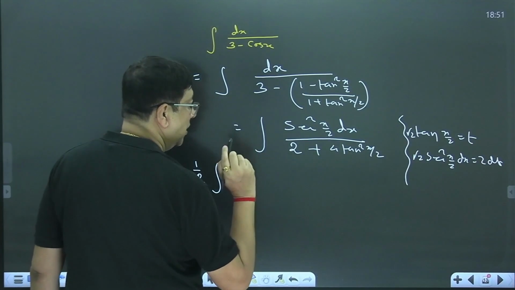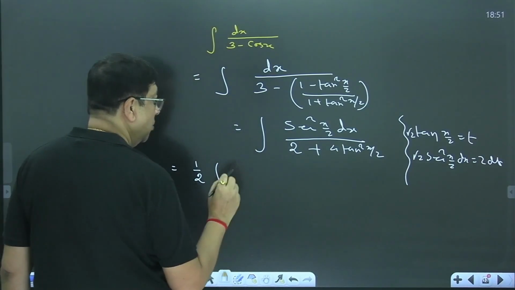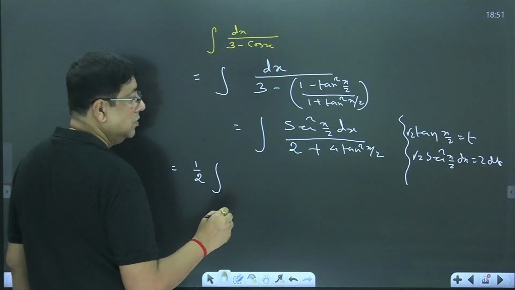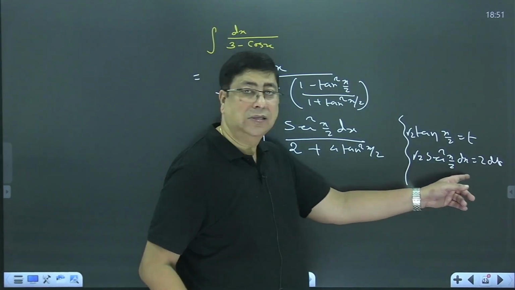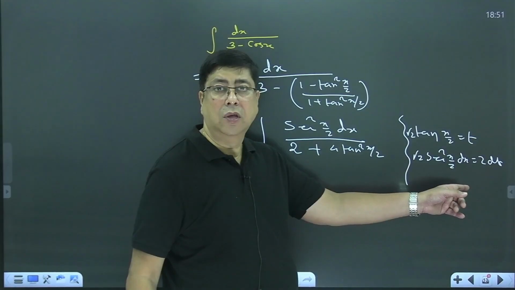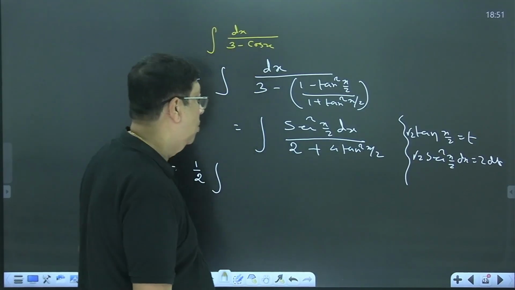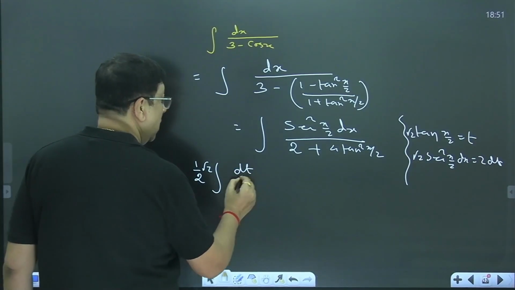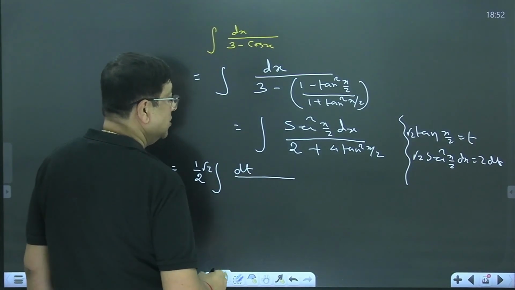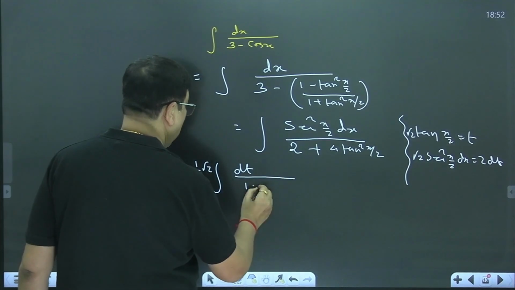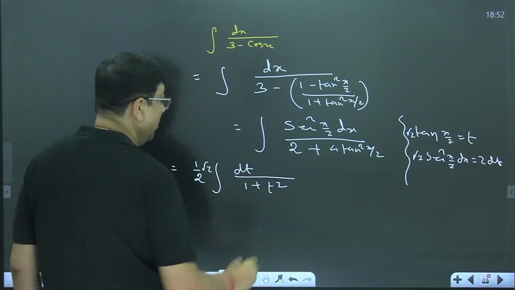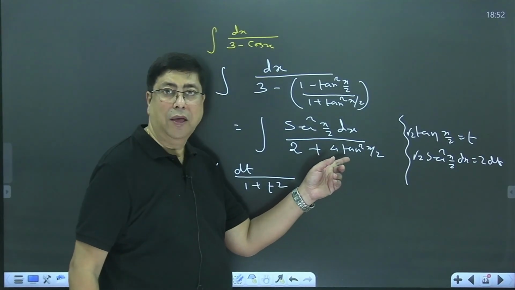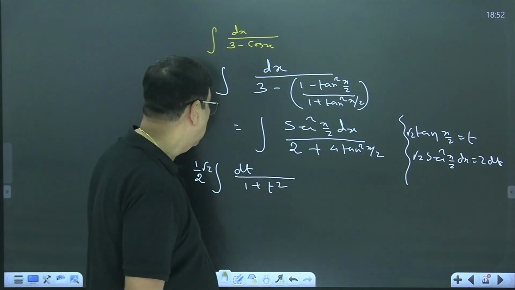So sec square x dx is coming to be 1 by 2 root 2 once again. Now 2 by root 2 means root 2. So root 2 dt by 1 plus t square, because we have taken 2 common, that is root 2 tan x by 2 whole square. So directly this is the calculation.